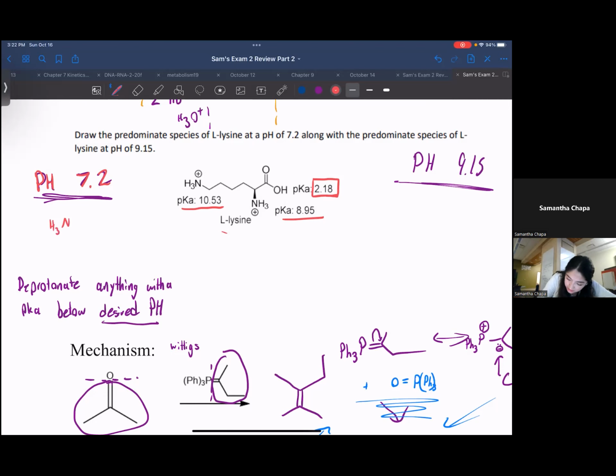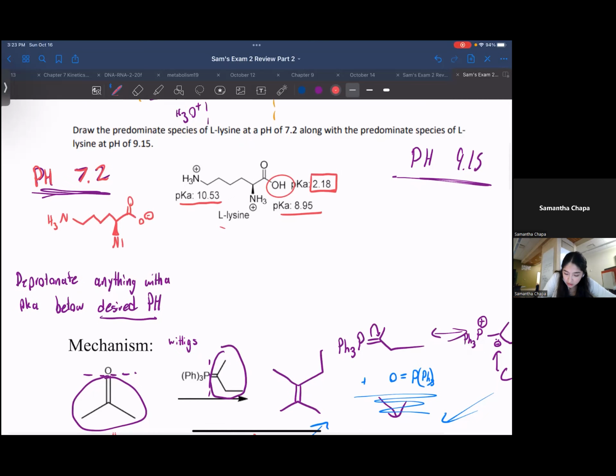I'm going to write the species the same, and I deprotonated the carboxylic acid group. Wow, how did I forget that? NH3. Okay. So that's the only thing I deprotonated just because the pKa was lower than a pH of 7.2, right?